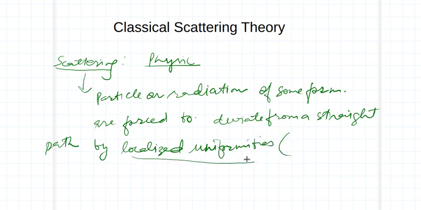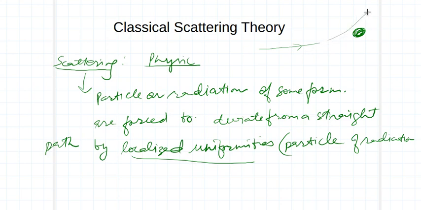So what are localized uniformities? Say if a particle is sitting somewhere, localized uniformities means it may include particle or radiation. Say something is sitting here and a particle is coming, and when it comes closer to it, its straight line path will change.